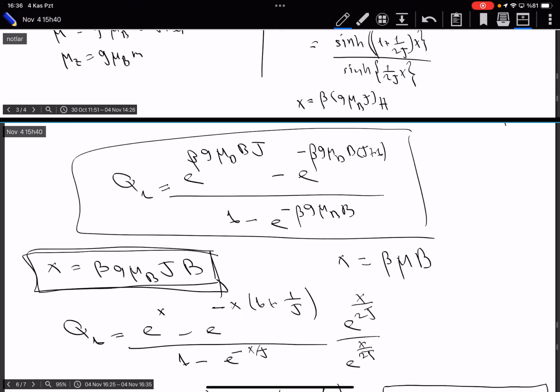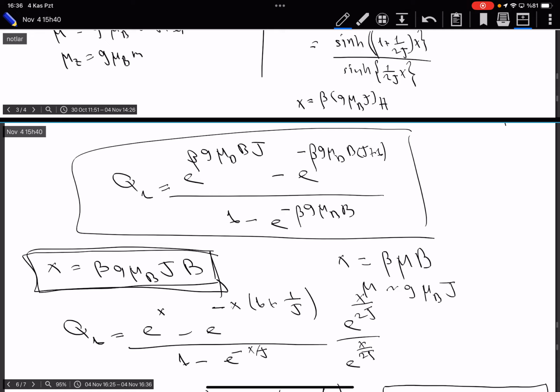Well, if you compare the two terms, you see mu is somewhat similar to g mu b j. Mu in the classical limit becomes g mu b j in the quantum mechanical case.